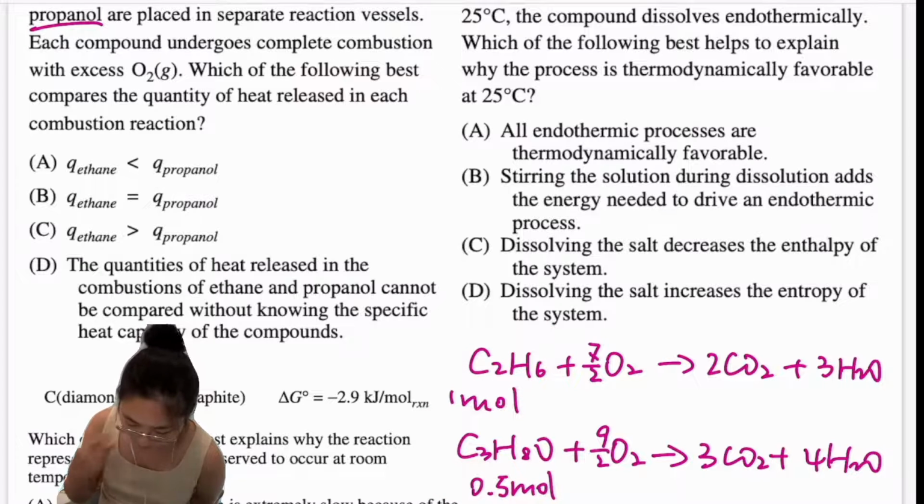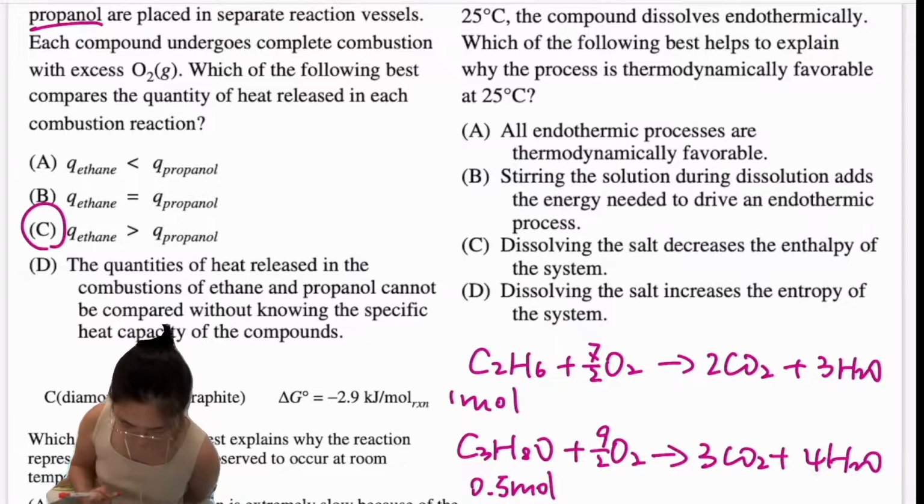So eventually, the amount of heat released will be greater for ethane because we have 1 mole of that, and only 0.5 moles of the other. The oxygen difference is 3.5 moles versus 4.5 moles, which is not even twice. So the amount of heat released by ethane is bigger.